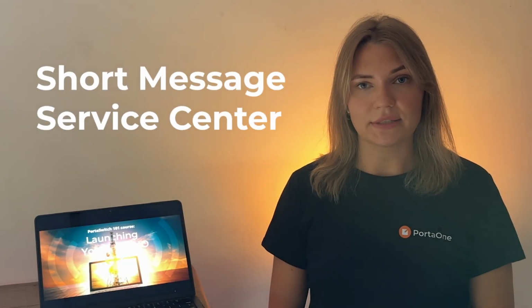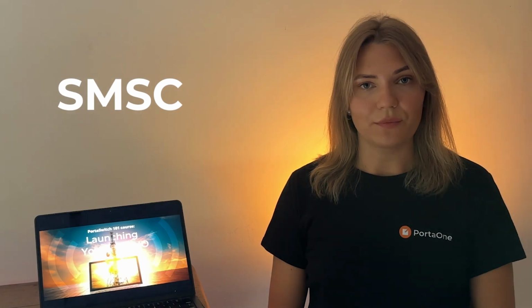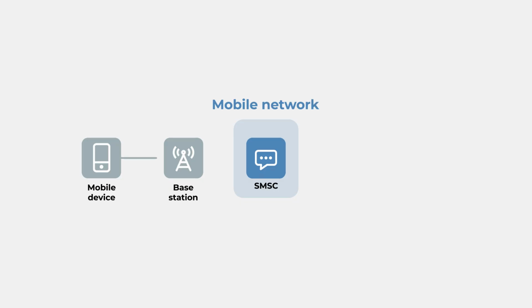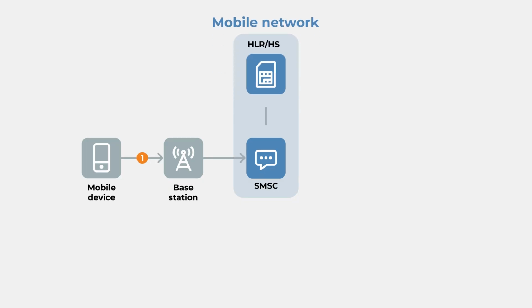To provide SMS service, our MVNO relies on its host mobile operator's infrastructure, specifically the Short Message Service Center, or SMSC, which handles SMS routing and delivery. When a subscriber sends an SMS, the message is forwarded through a base station to the SMSC.